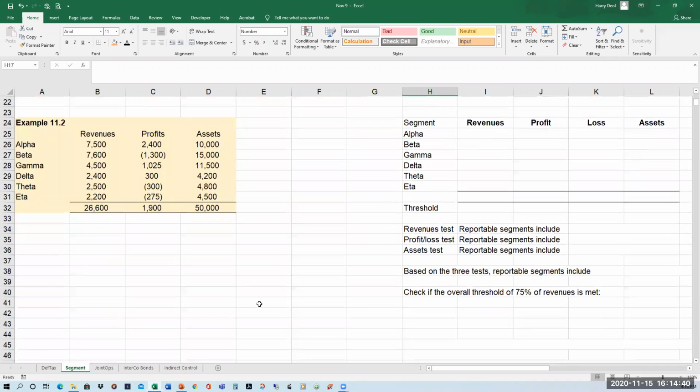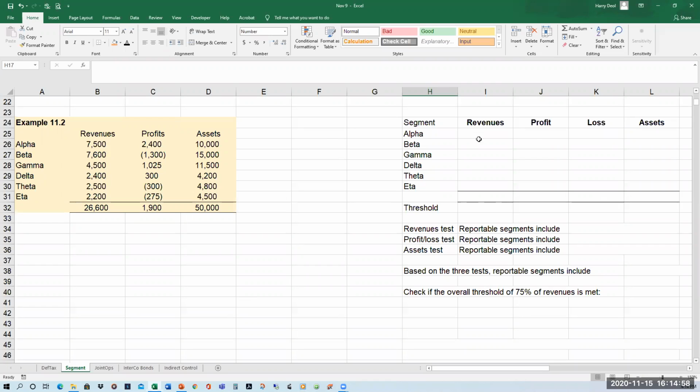Another example, this one from the lesson notes, is example 11.2. You're given information for 6 segments here: alpha, beta, gamma, delta, theta, and eta.